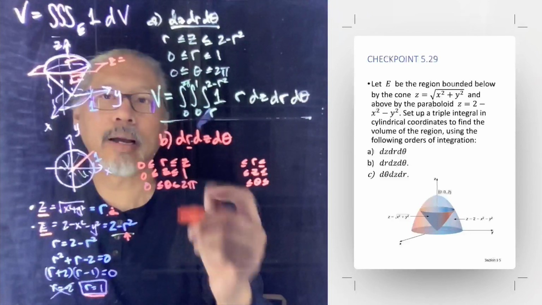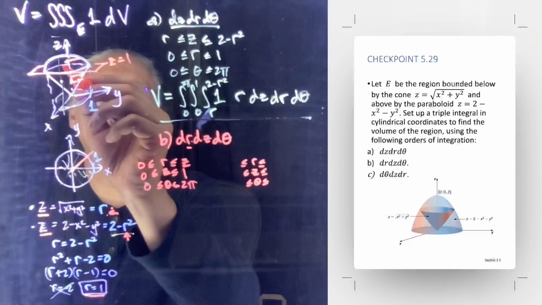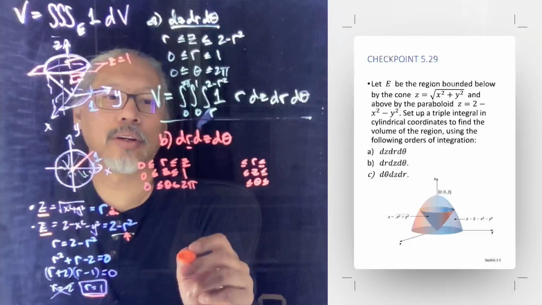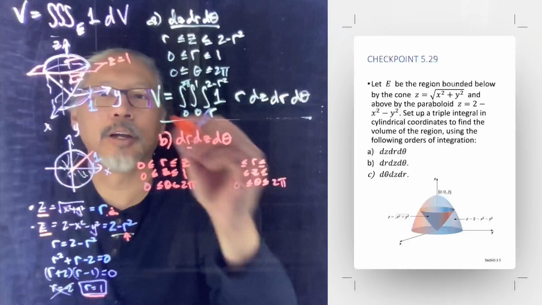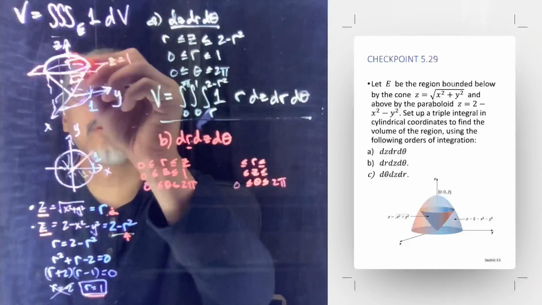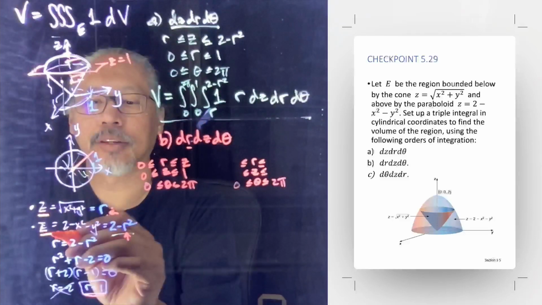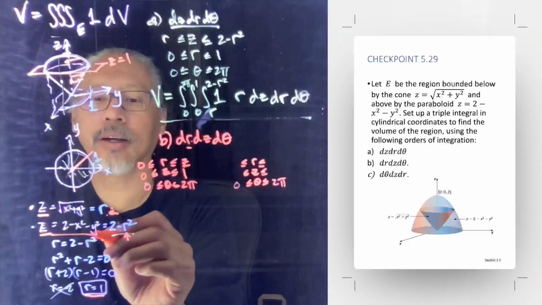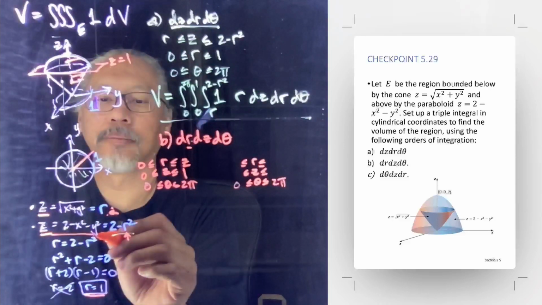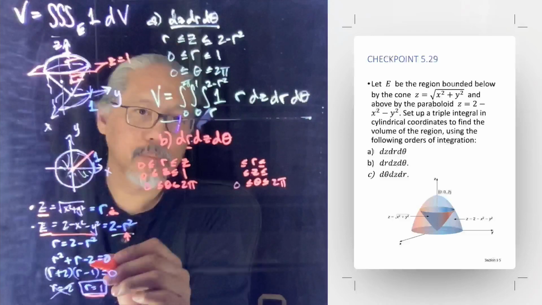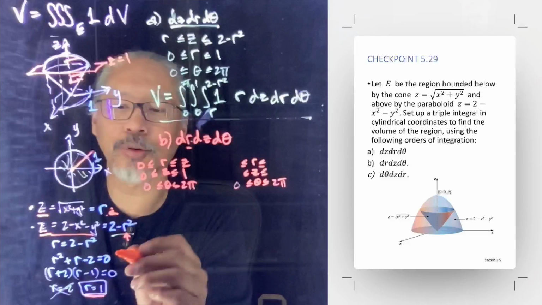All right. Now, after this plane, z is equal to 1, your r limits are going to change. Your theta limits are still going to go from 0 to 2 pi. But now your z is going to go from 1 to whatever this top part is. Oh, it's not a sphere, sorry, I keep calling it a sphere, but it's a paraboloid.